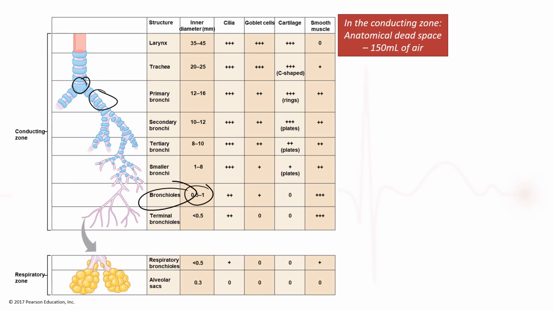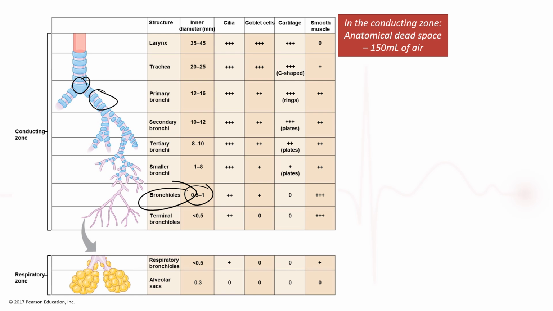they get called bronchioles. Bronchioles, by definition, are bronchi that exist within the lungs that have inner diameters of 0.5 to 1 millimeter. They're very, very small.